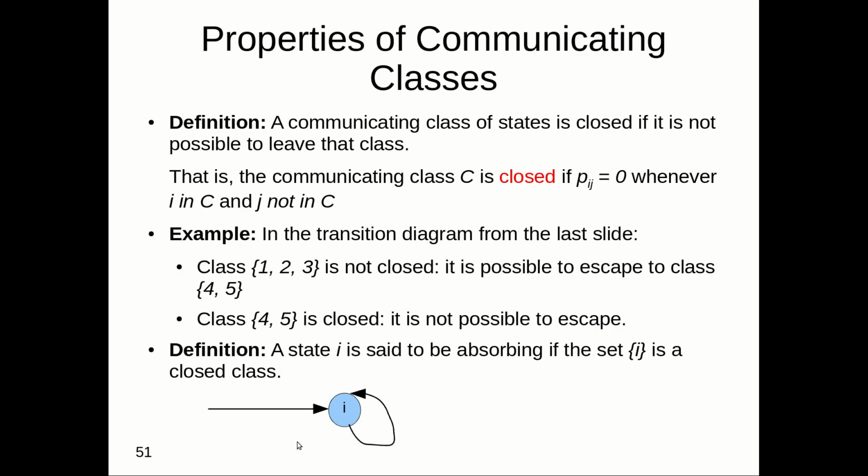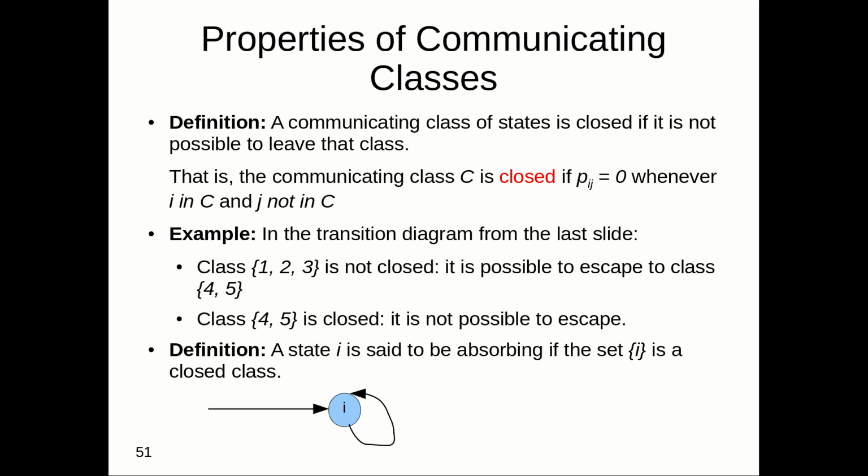Okay, so now, given that we've defined and understood what communicating classes are, what are their properties? A communicating class of states is called a closed class if it is not possible to leave that class.